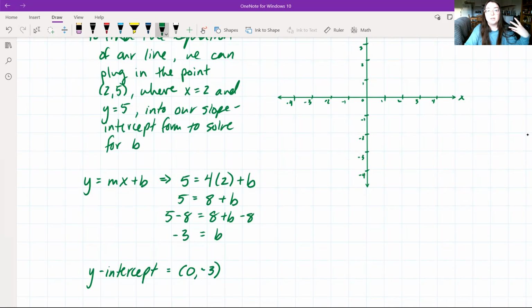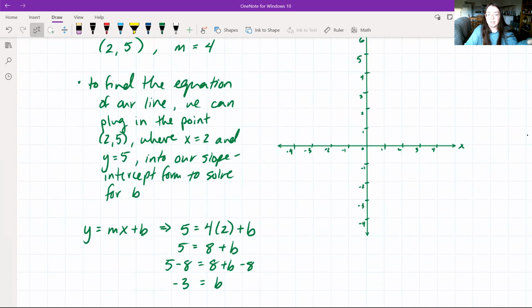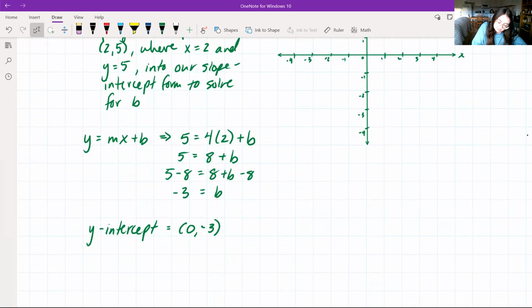And since now we know our y-intercept, we know our value of b, and we know our slope, we can create our equation of our line. So we know that now we're going to get that y is equal to 4 times x minus 3. And this is our equation.